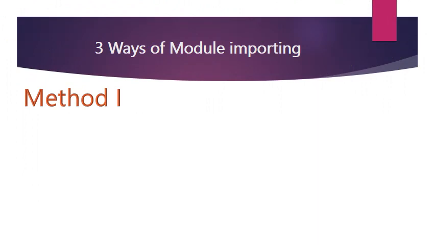There are three ways of importing modules. The first method is this one. You can use the import keyword followed by the module name which you have to import. For example, import math. So now you are importing only a single module into your program.